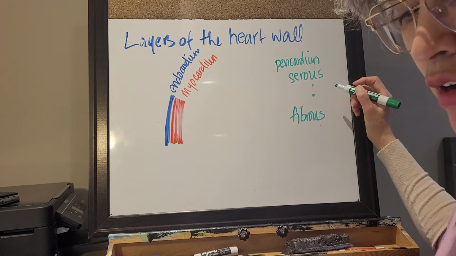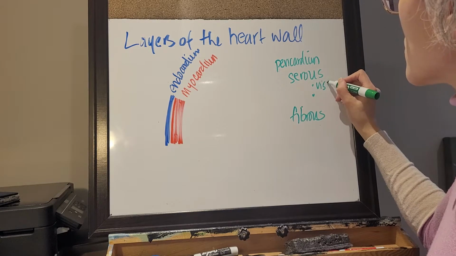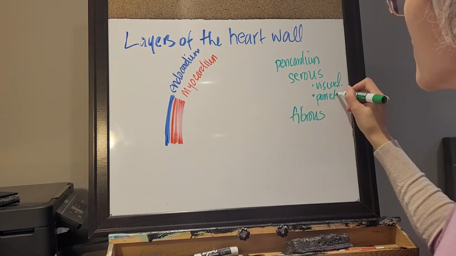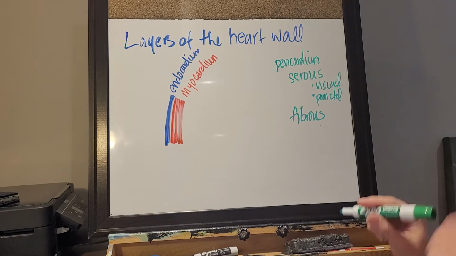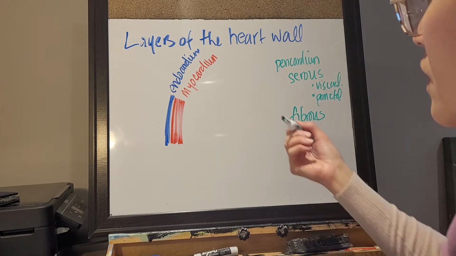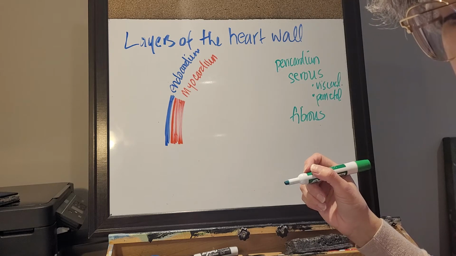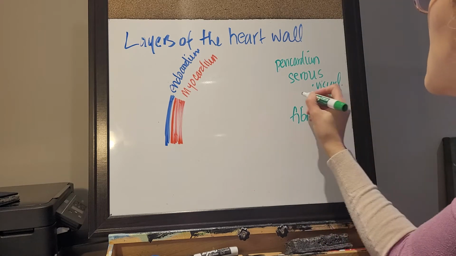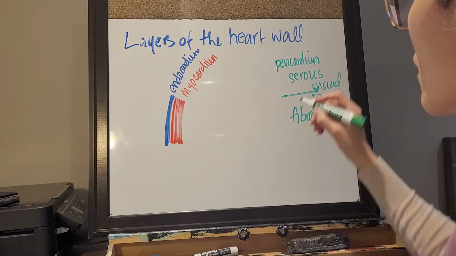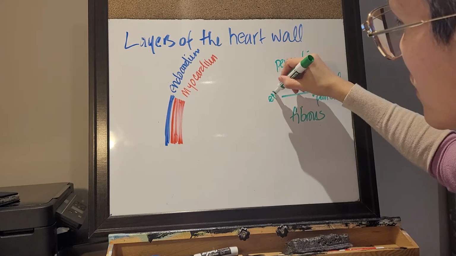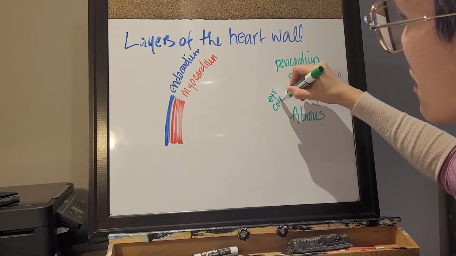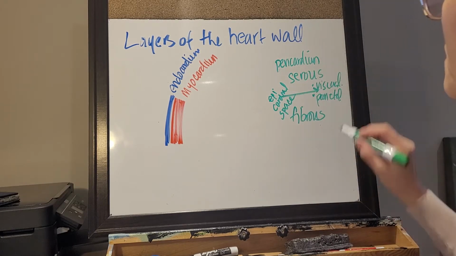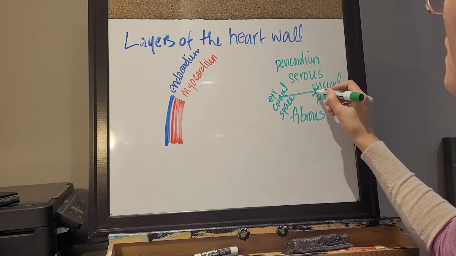The serous pericardium has a visceral and a parietal layer. It is the space between the visceral and the parietal that we call the epicardial space. And that is between here.